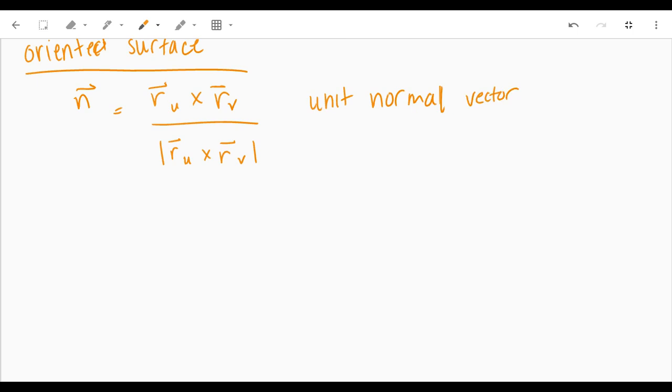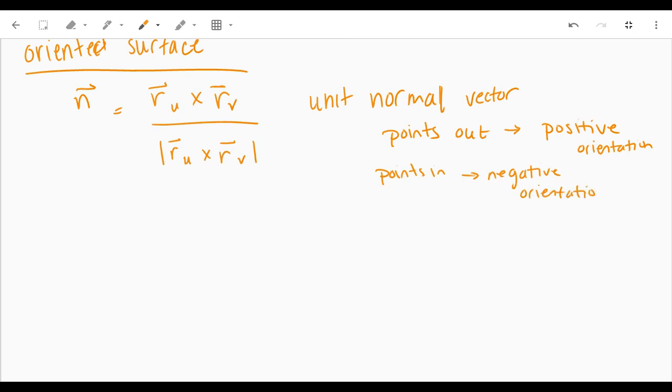If it points out of the surface away from the origin, we have what's called a positive orientation. If it points in, then we have a negative orientation. And that's all we really need to know for now.